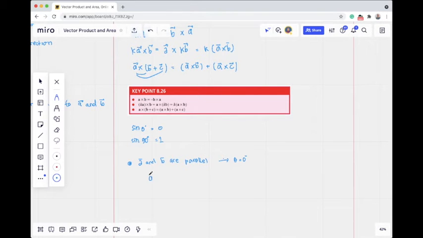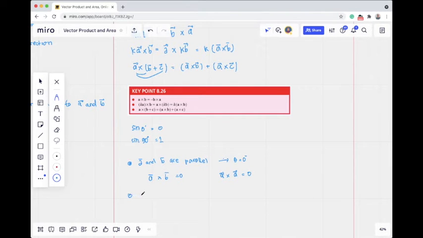Then A cross B is 0, because they have the same direction, so the magnitude is 0 and there is no result for A cross B. Also if you have the same vector, A cross A, it's also parallel, so the result is 0 also.